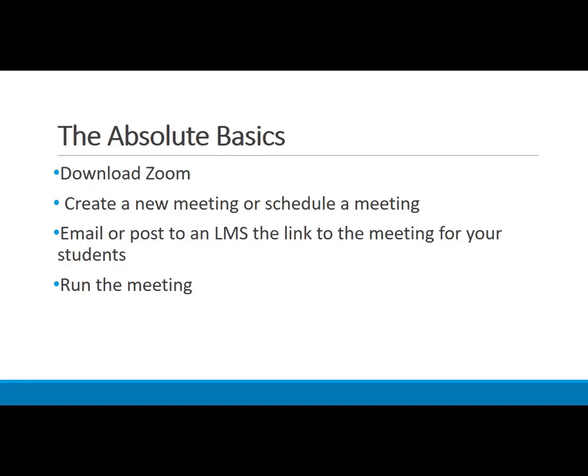And then they click on that link, they join in with their device, it'll test their audio to make sure that they can hear and participate in the meeting. And then you just run the meeting. You talk to them, they talk to you, like you would in the classroom. That's the very basic, easiest way to use Zoom, the minimum way that you can do what Zoom can do.